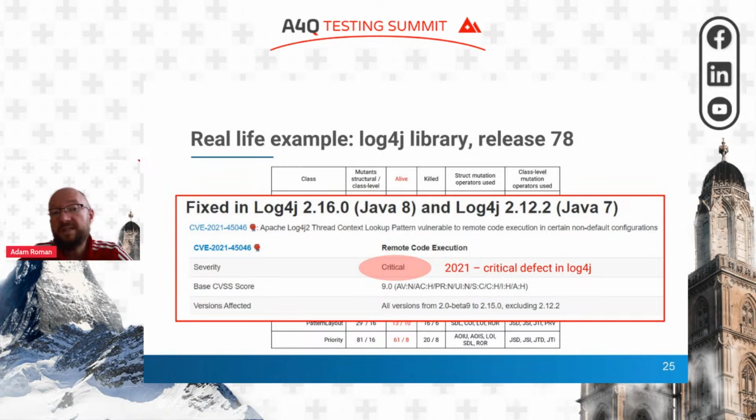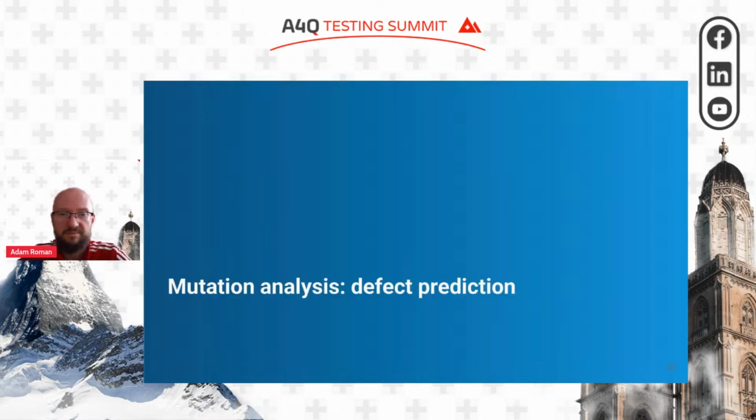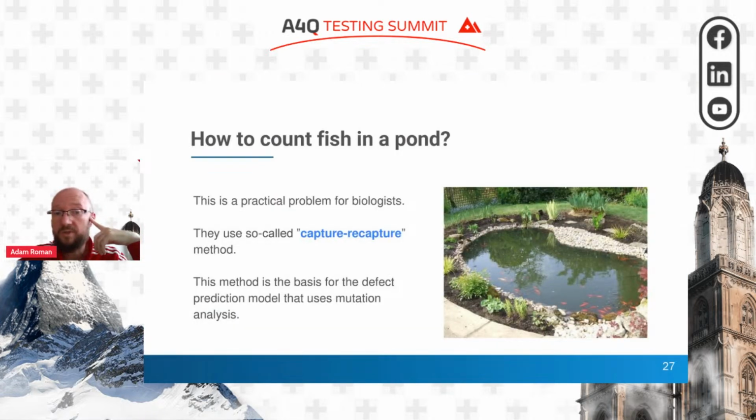Maybe if mutation testing was done in a professional way, such critical defects could be found earlier in the life cycle, not causing these troubles. And now the second application of mutation testing, defect prediction, so-called mutation analysis.